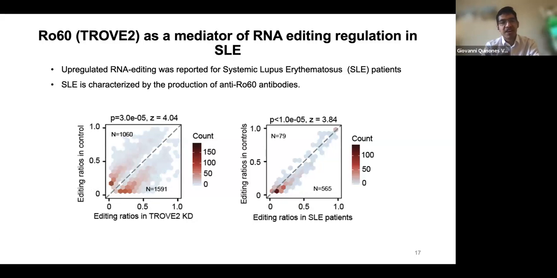And what we find is that this is also reported in the literature in patients of systemic lupus erythematosus, where these patients are characterized by production of anti-Ro60 antibodies. Ro60 is a protein encoded by TROVE2. So we observe in these patients a similar editing pattern to that of the TROVE2 knockdown.